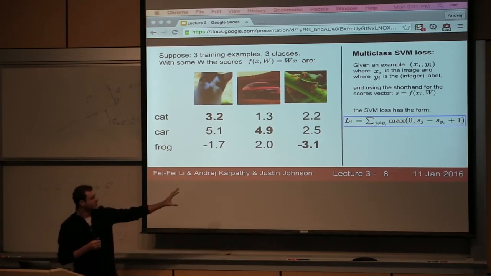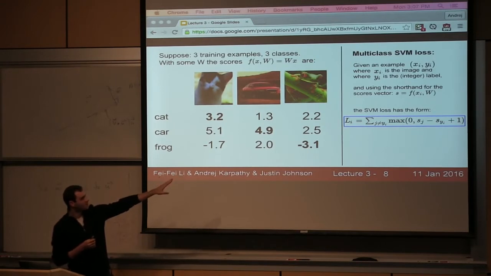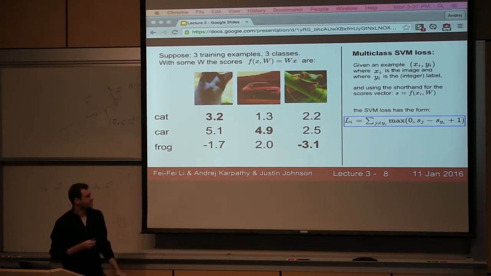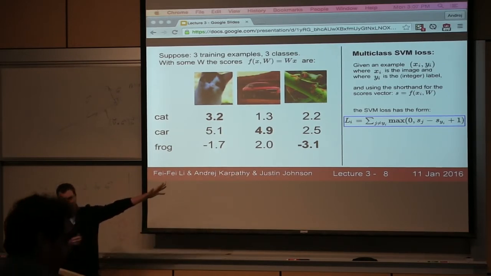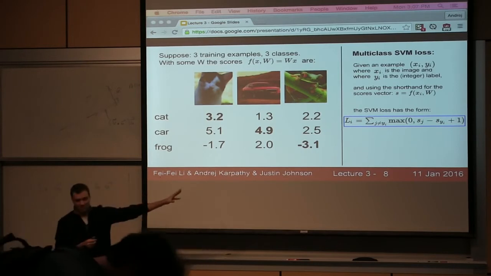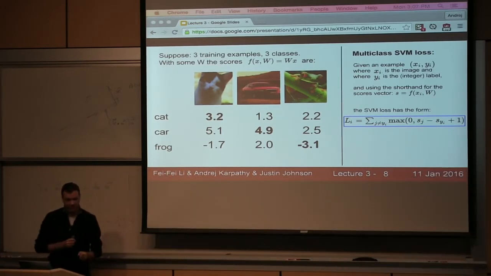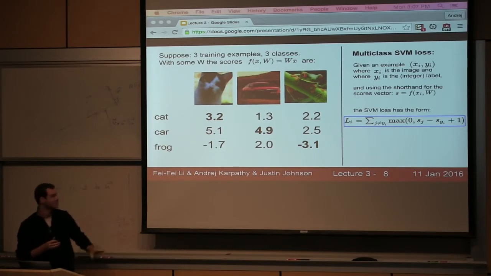And so the setup here is that we have the score function, right? So S is a vector of class scores. These are our S vectors. And there's a specific term here, loss equals to stuff. And I'm going to interpret this loss now for you and we're going to see through a specific example why this expression makes sense.